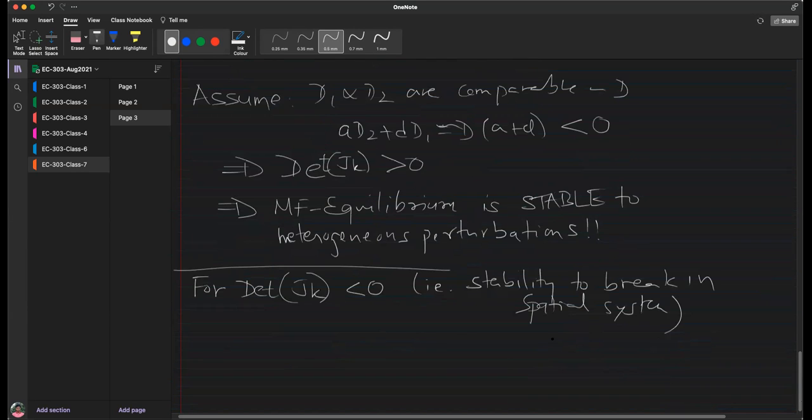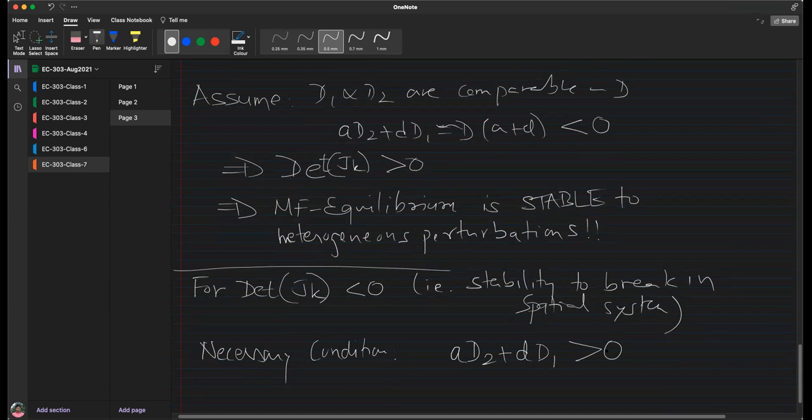The necessary condition is that AD2 plus DD1 must be positive.